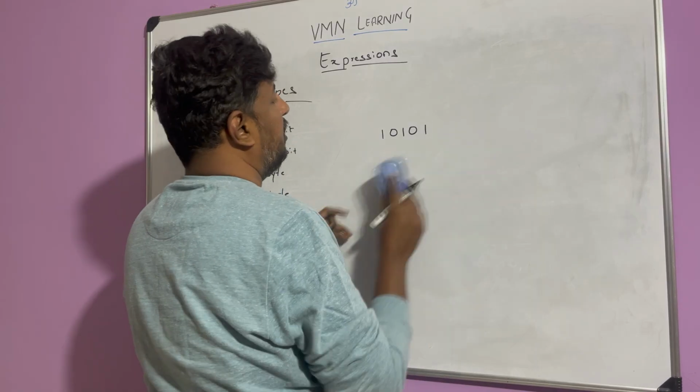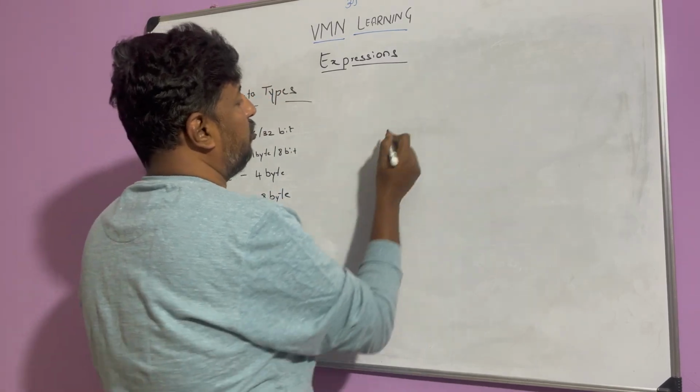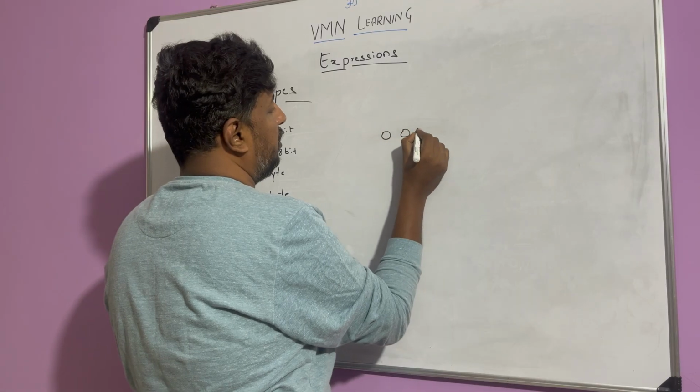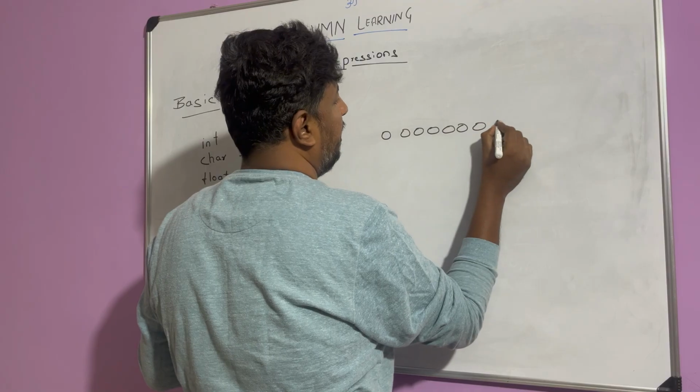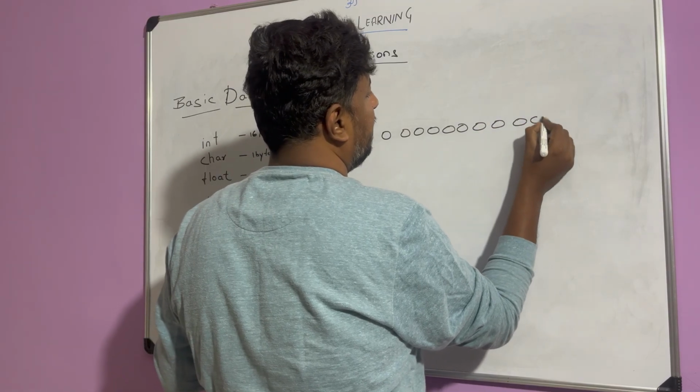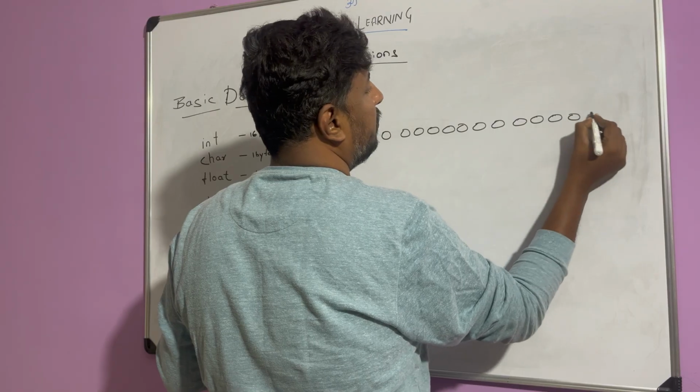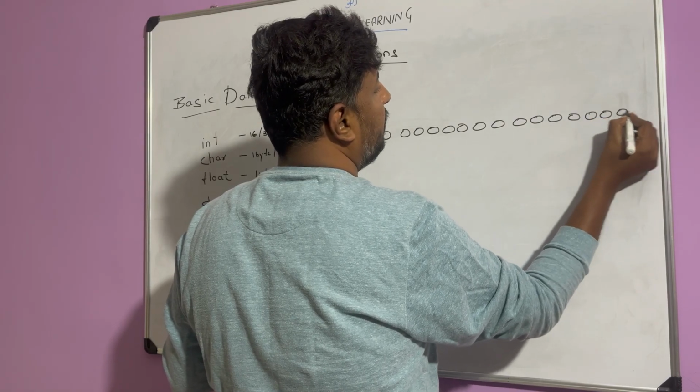Let's save it as all zeros first: 1 2 3 4 5 6 7 8 9 10 11 12 13 14 15 16.